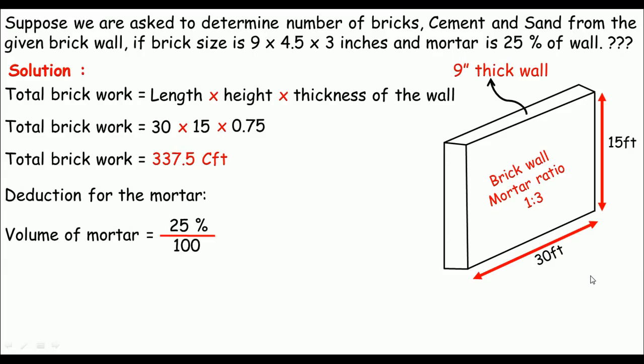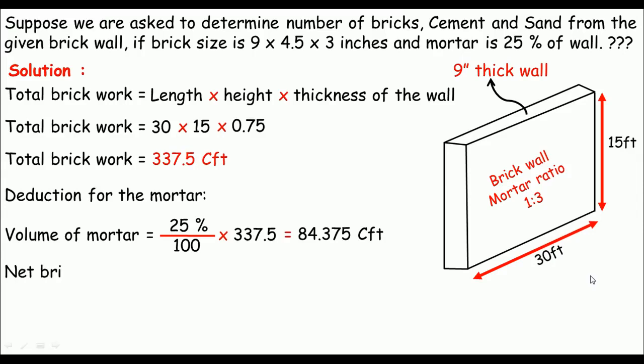Now, if it's 25 in 100, how much is it of the total brickwork, which is 337.5 CFT? So we multiply, and we get the volume of mortar equals 84.375 CFT.